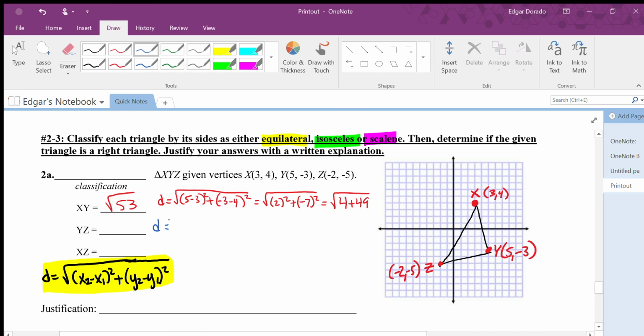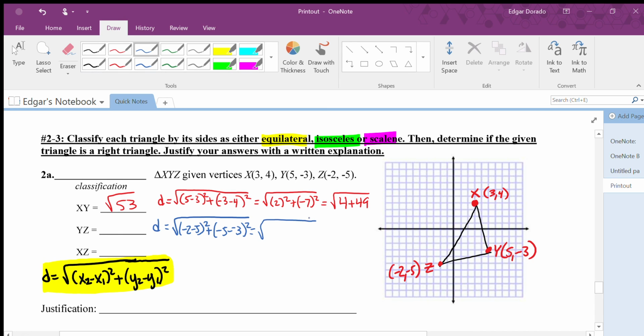Alright. So this is going to be x2 minus x1. So I'm going to have negative 2 minus 5. There we go. Much better. Plus, and then negative 5 minus negative 3. Okay. All right, so what do I get?